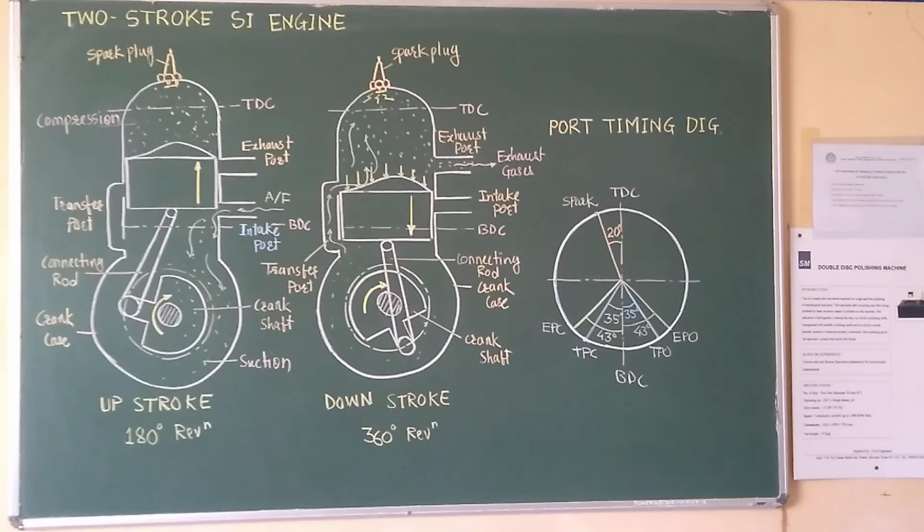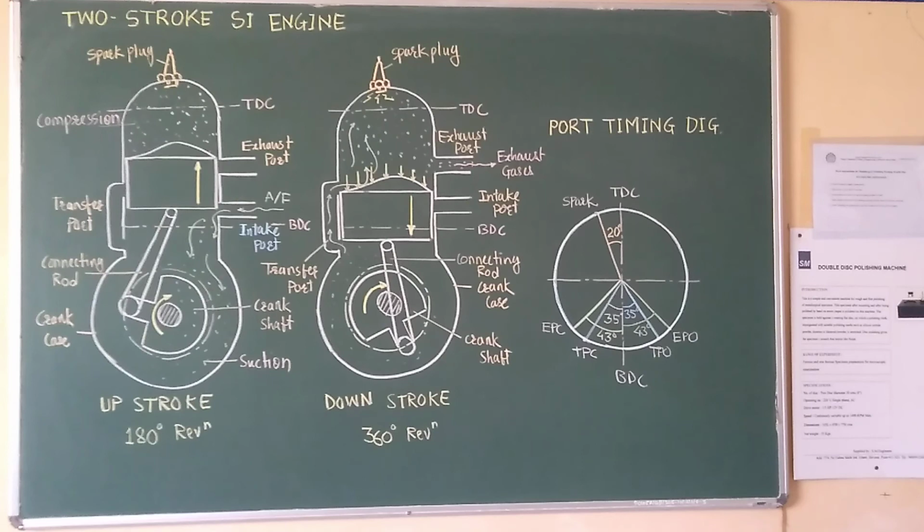this is TDC, top dead center. So when the piston starts to move from BDC to TDC, first about 35 degrees after BDC, the transfer port gets closed. Then with further movement, after 43 degrees ABDC, the exhaust port gets closed. So whatever charge is trapped gets compressed, and this compression continues, and 20 degrees before TDC, spark is produced and burning of gases, then they try to expand, expansion forces are applied on the piston, and the piston now moves from TDC to BDC.